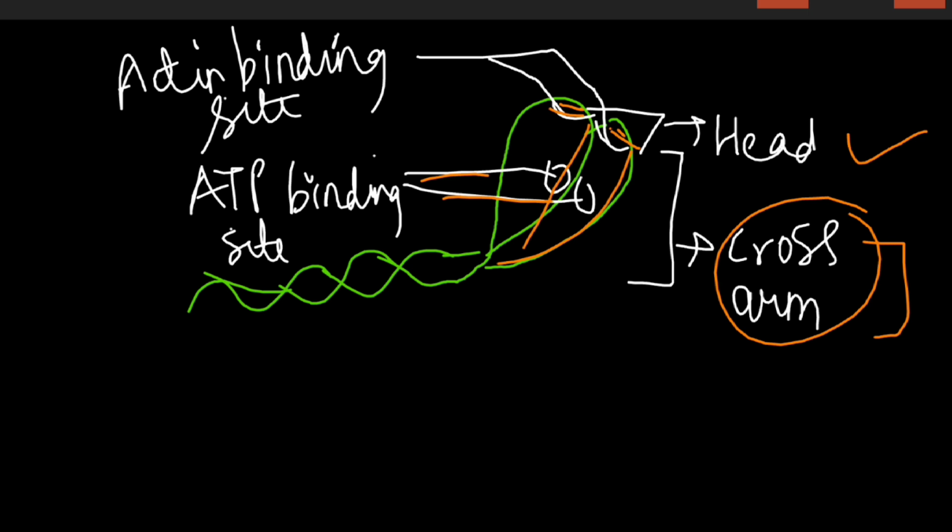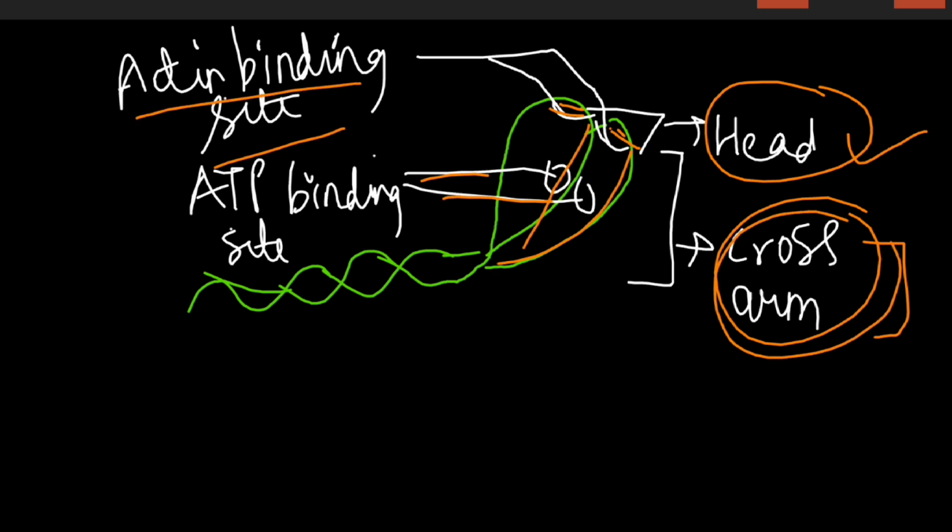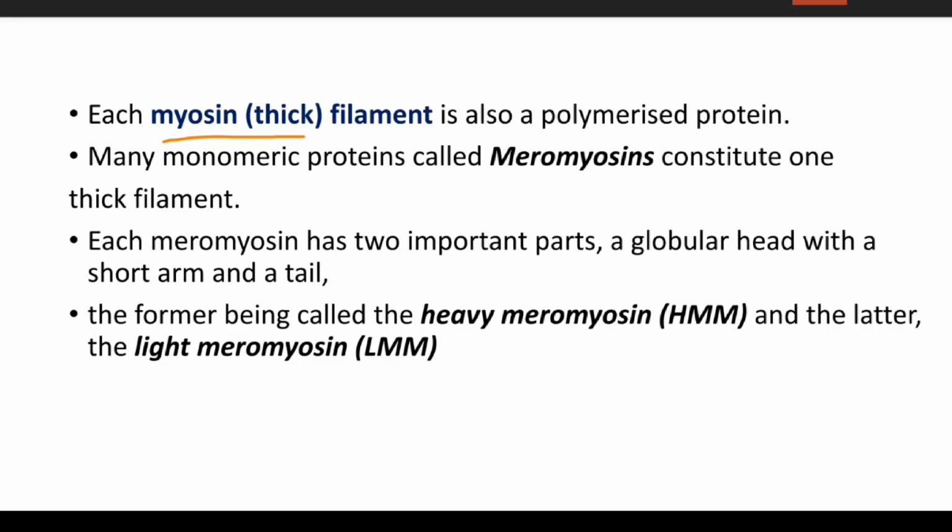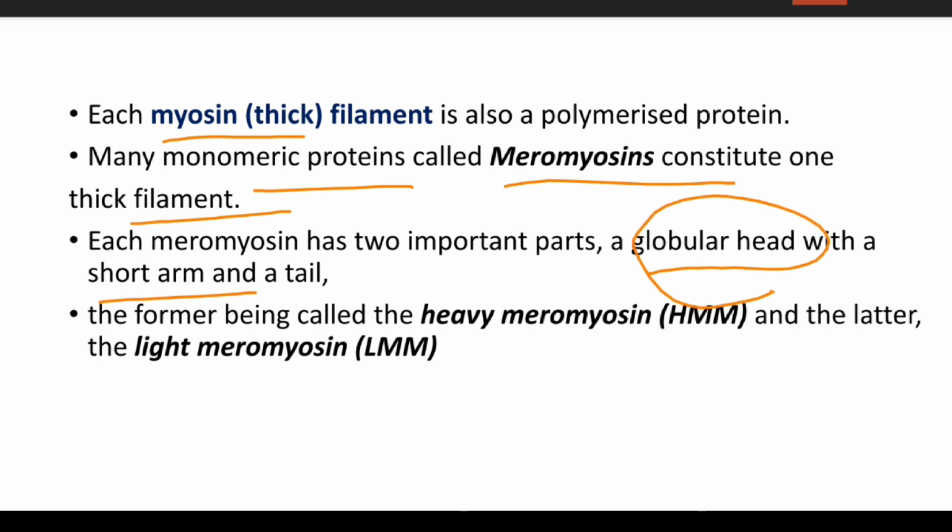So this meromyosin consists of a head, it consists of a cross arm, it has actin binding sites and an ATP binding site. Each myosin filament, that is called a thick filament, is a polymerized protein. So many monomeric proteins, that is called meromyosin, constitute one thick filament. Each meromyosin has two parts: a globular head with a short arm, and the tail.